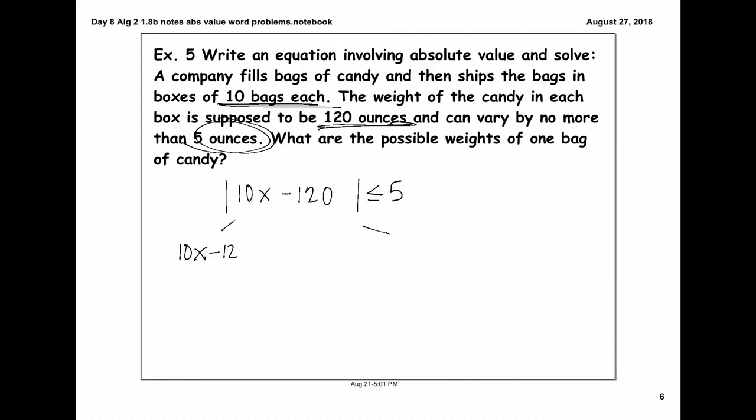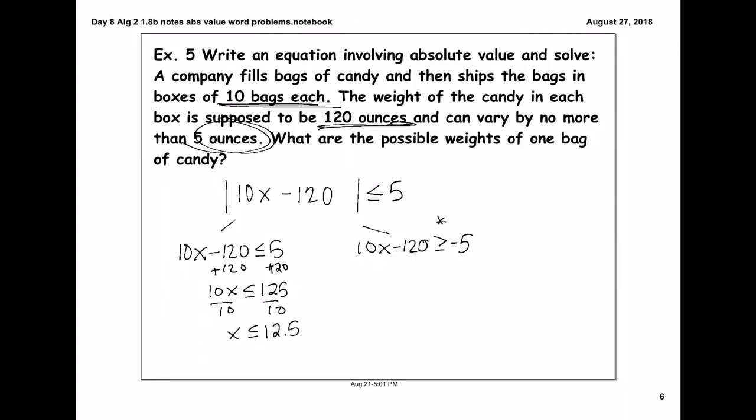10x minus 120 is less than or equal to 5. That side doesn't change. 10x minus 120 is greater than or equal to, you noticed our inequality flipped over, change the sign on our 5, and then solve using inverse operations. So add 120, so 10x is less than or equal to 125, divide by 10, x is less than or equal to 12.5.